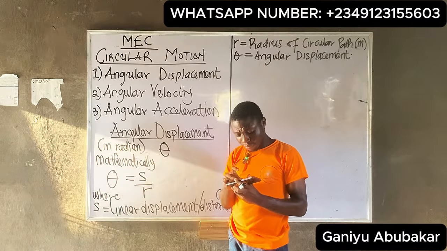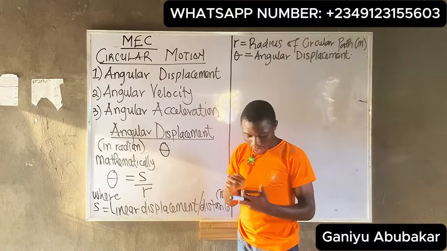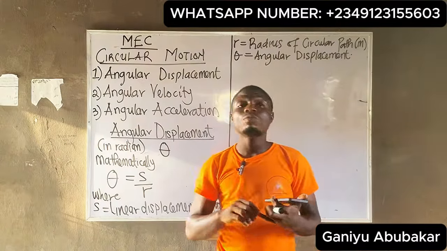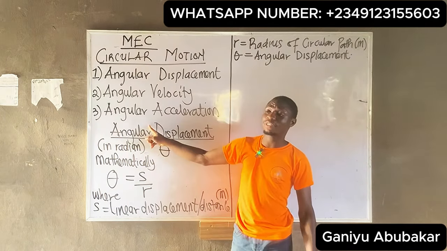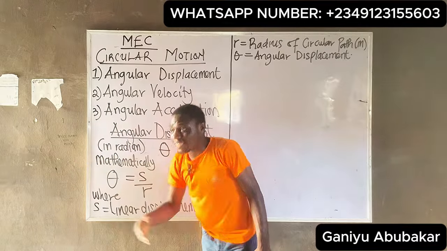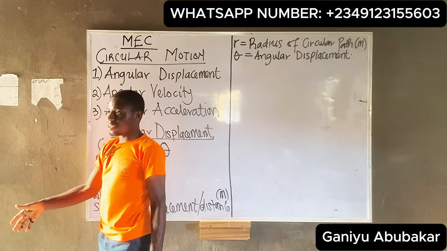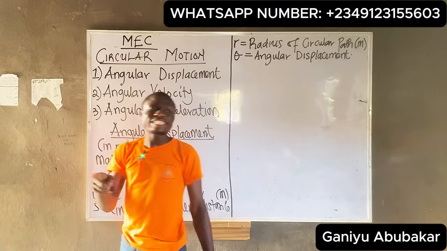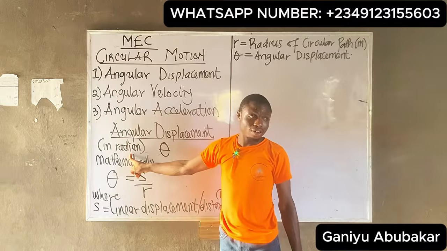Are you sure? Okay. We said check what I gave you from the beginning. Define angular displacement. This is the angle in radian. So whatever you're having, 5 radian. So the SI unit for angular displacement is radian.